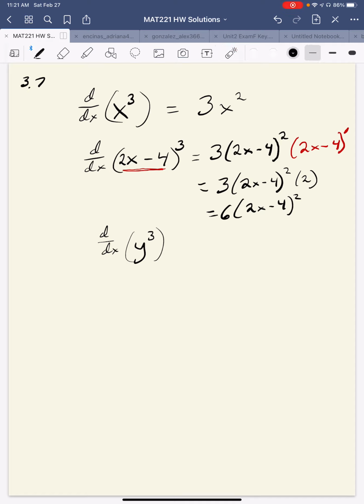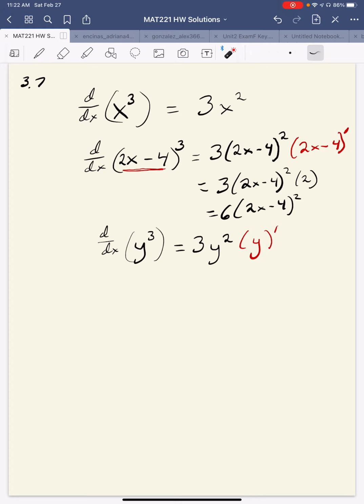So just like I did before, I'm first going to apply the power rule, and that gives me 3y squared. But now I also need to take the derivative of y, just like I needed to take the derivative of 2x minus 4. So I'm going to write that as y prime, just like here I wrote (2x minus 4) prime.